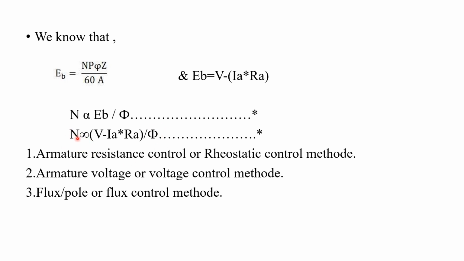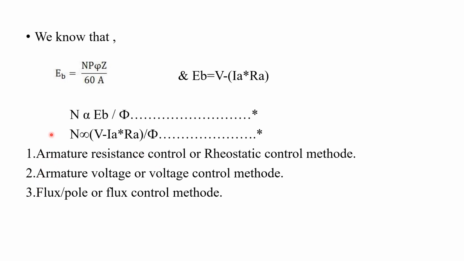So N mainly depends on the applied voltage, armature resistance or armature current, and the flux. By controlling these, we can control the speed of DC motors. The method is the same in the case of DC series and DC compound motors also, but here we will discuss DC shunt motors.